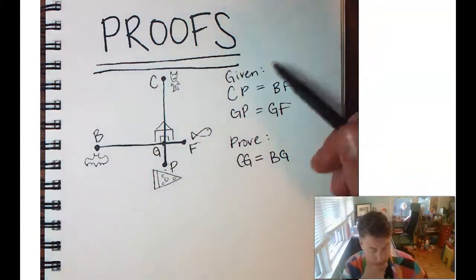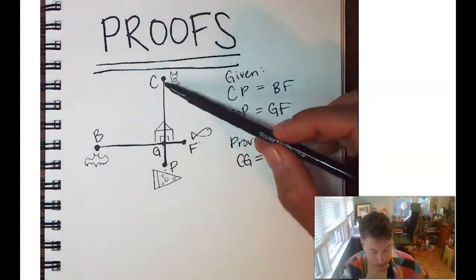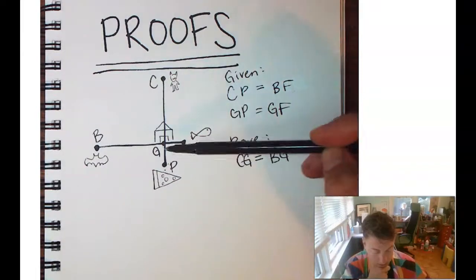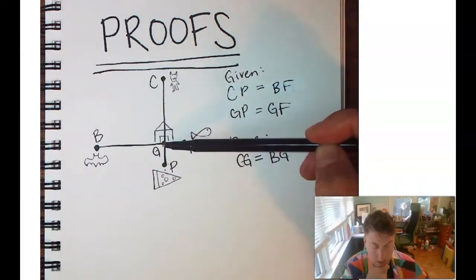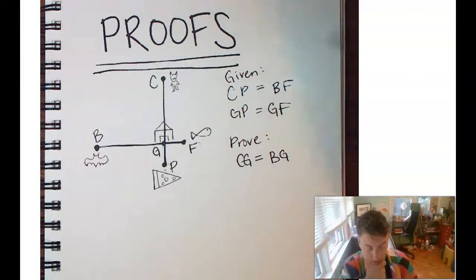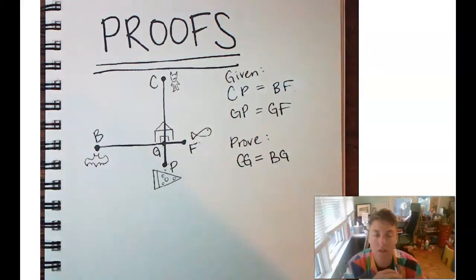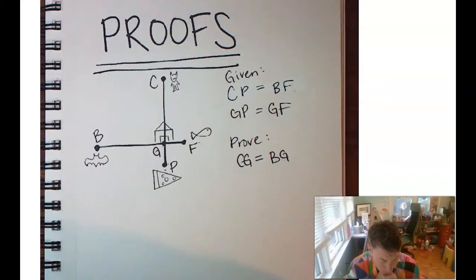Alright, let's think about why this might be true. This is the stuff that we know. C to P is the same as B to F, and GP is the same as GF. So we're trying to show that CG is the same as BG. Well, let's think about if we had, let's put some numbers in there. We're just doing some planning.